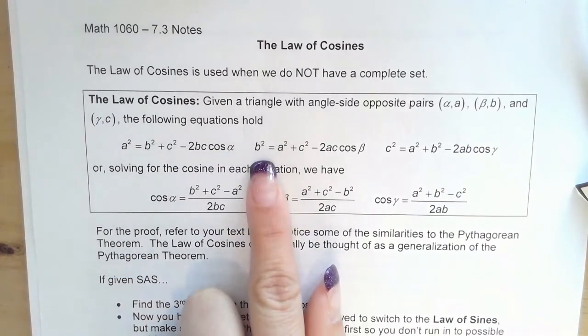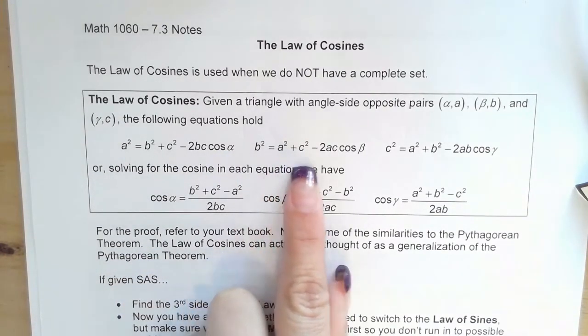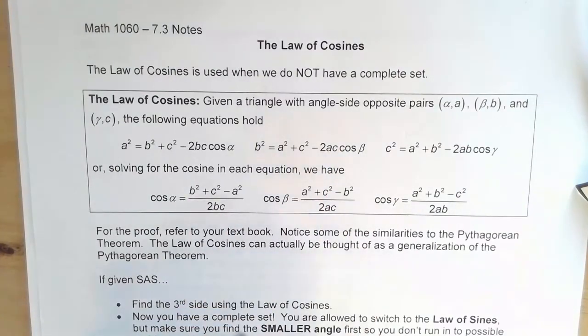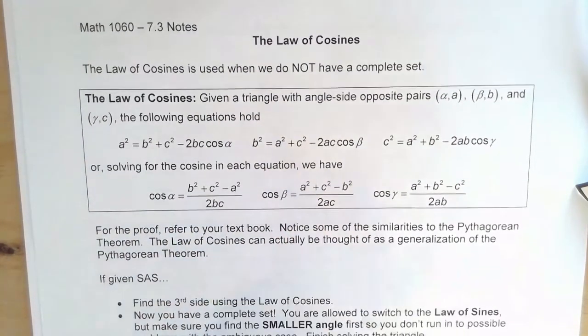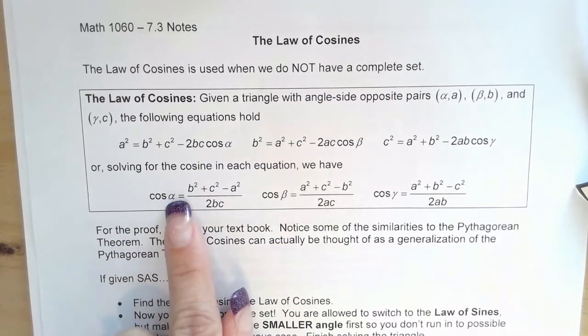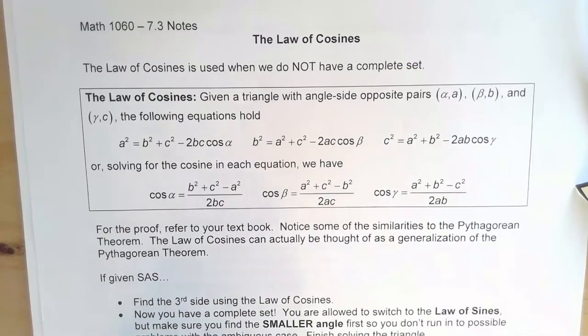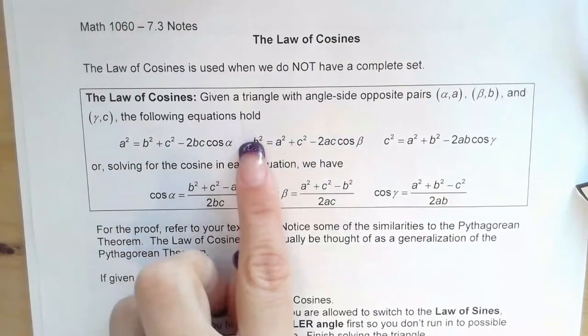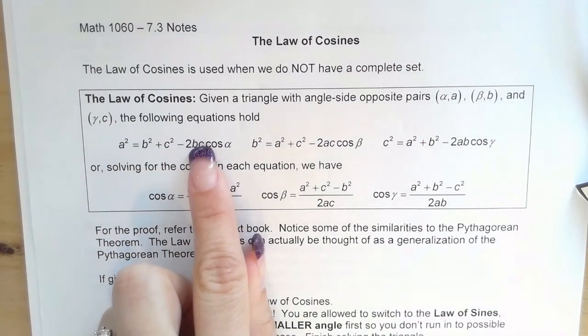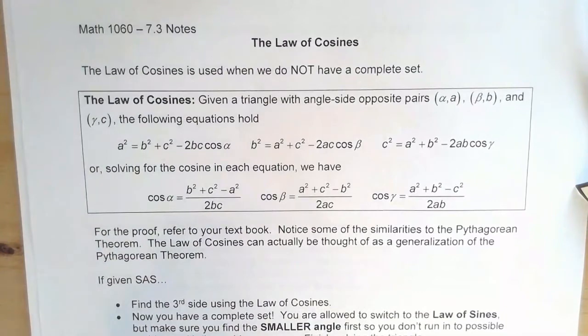Then b squared equals a squared plus c squared minus 2ac cosine beta, and so on and so forth. Now these three down here, guys, are just rearranging it so that if you were solving for alpha, beta, or gamma, but really we just have to memorize the format of one and then rearrange it when we need to.